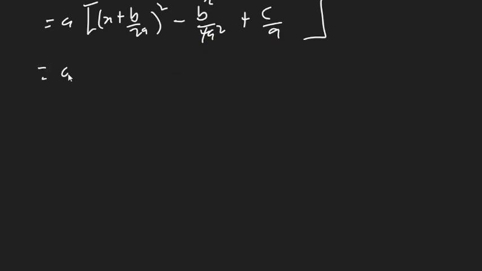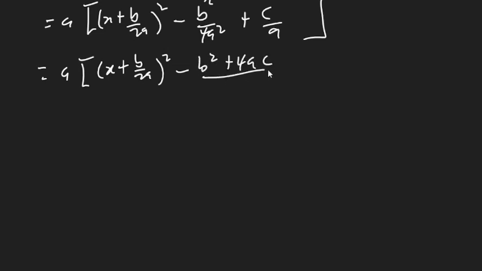So this gives us a bracket open. We have x plus b on 2a all squared, minus b squared plus 4ac all on 4a squared. Now we are going to expand with the a. You can realize that in the initial step, we factored a out, but in this case, we are going to expand with a.